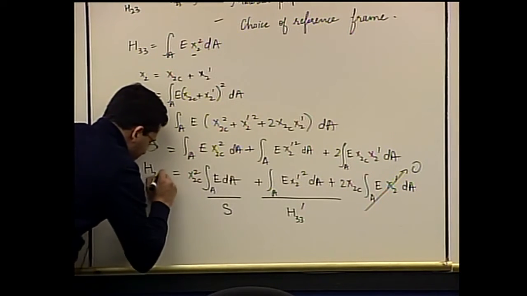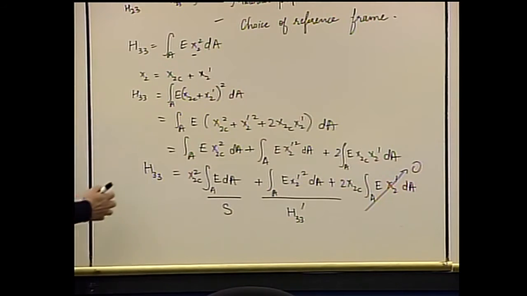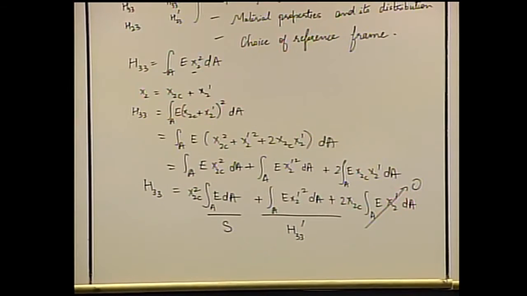So we have now related the sectional constant H33 with its counterpart in a translated frame of reference, where the translated frame of reference is a centroidal frame, right?